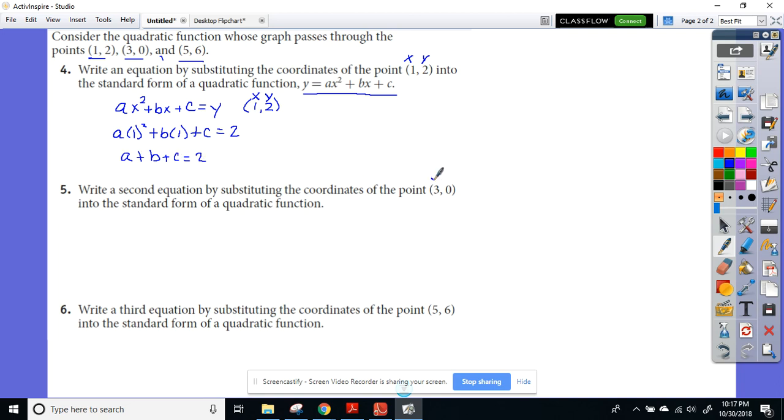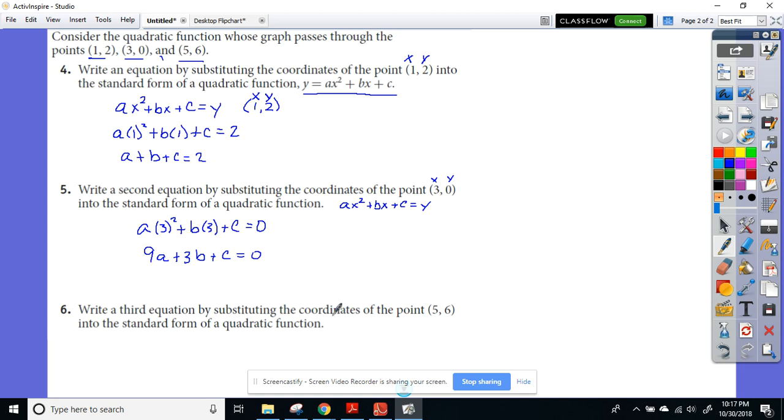I'm going to do the same thing. This is an x. This is a y. I'm going to plug it in to ax squared plus bx plus c equals y. So this becomes a times 3 squared plus b times 3 plus c equals 0. So this is 9a plus 3b plus c equals 0.